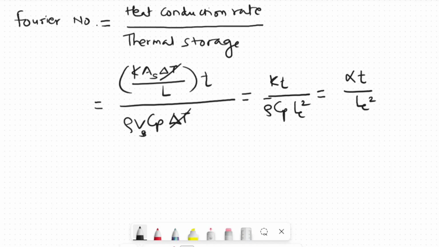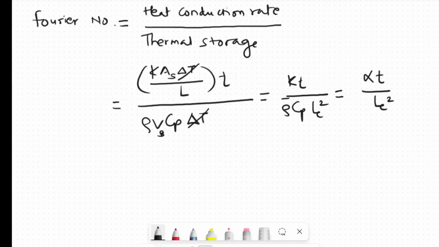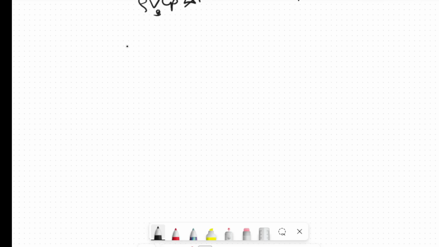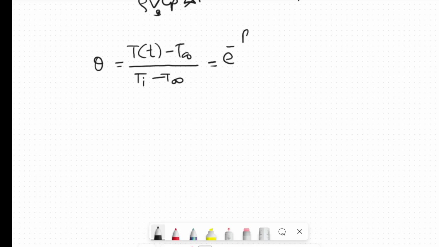Now, the relation that we have derived was very simple: T(t) minus T infinity upon Ti minus T infinity is termed as theta, and it is equal to e raised to the power minus Biot number into Fourier number.